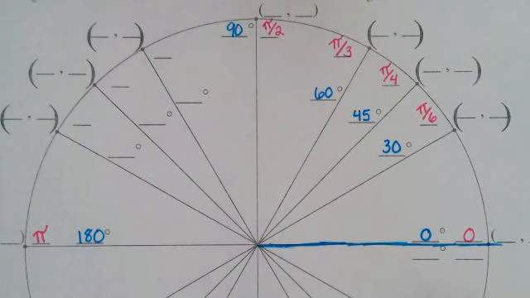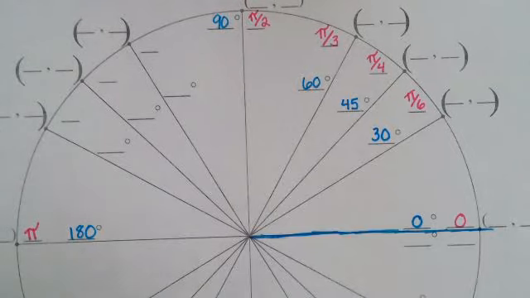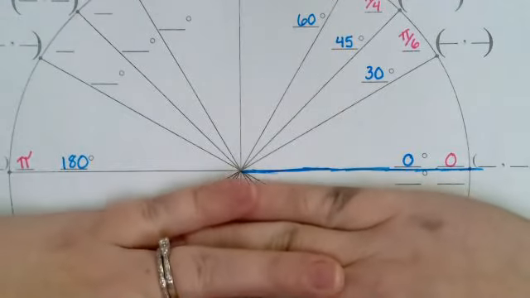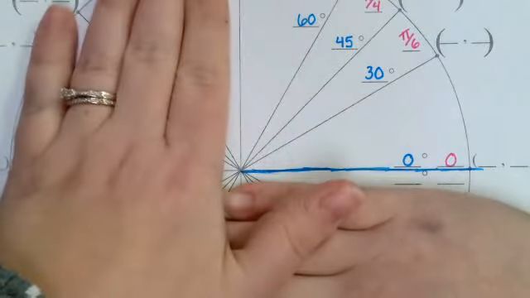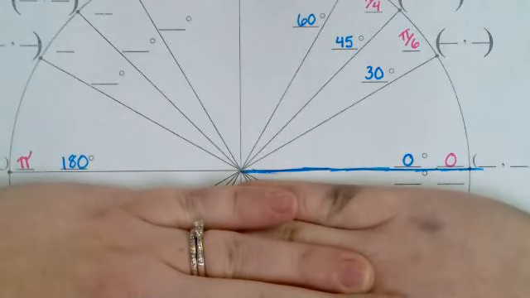Okay, but I want you to think about this. If I take this half of a circle, and you cut that in half, that's pi divided by 2, right?